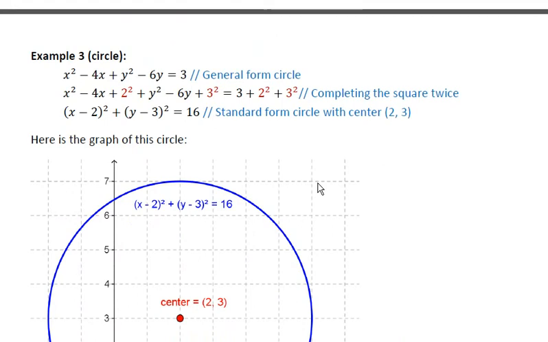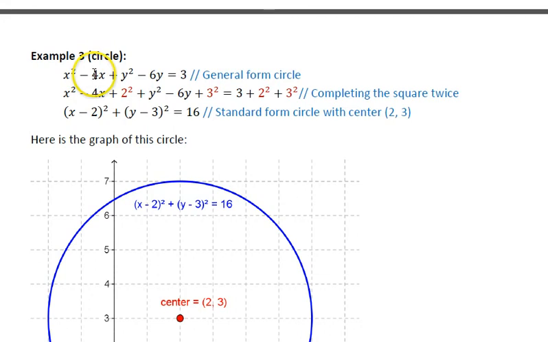Finally, we look at the equation of a circle in general form. It has two variables, x and y, but we can use the completing the square technique here to get it in standard form. So we look at first the x's. We have x squared minus 4x.